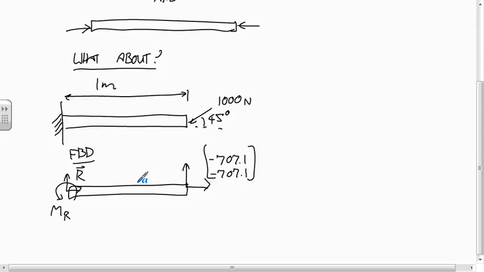In this case, you don't have just axial loads. You have off-axis force vectors and you have a couple, and we don't know how to deal with that yet. What's this object called?